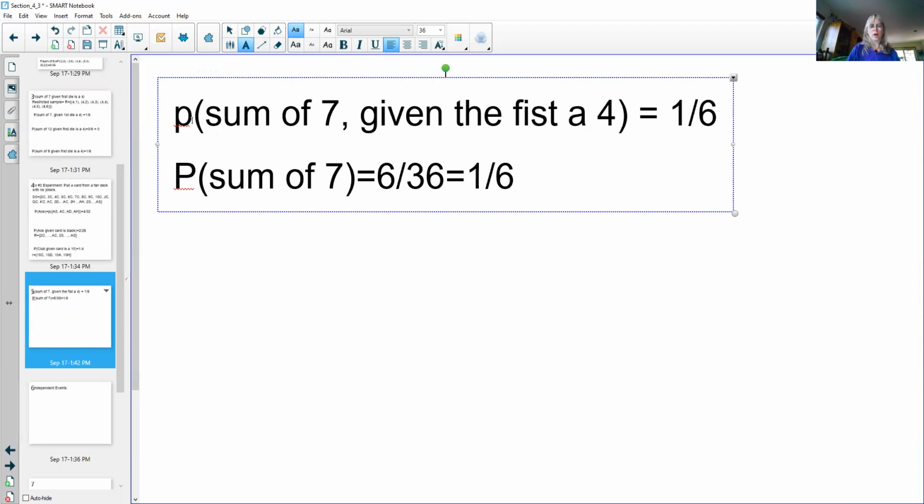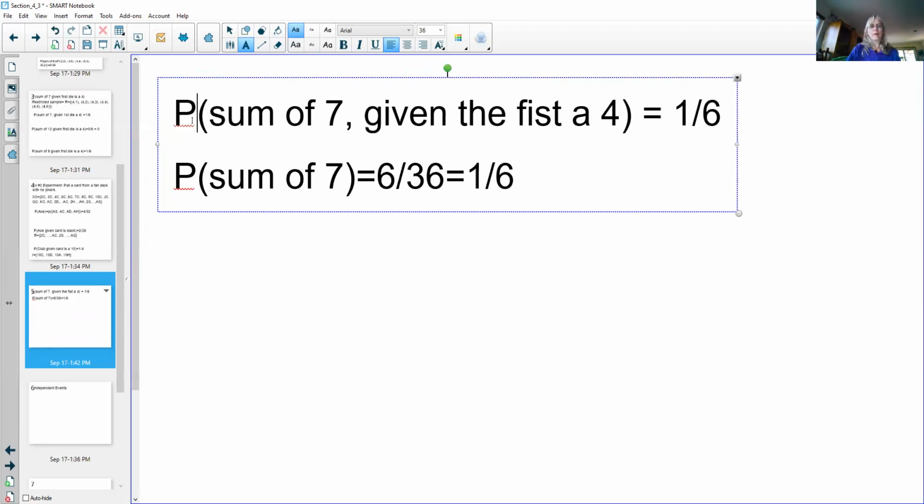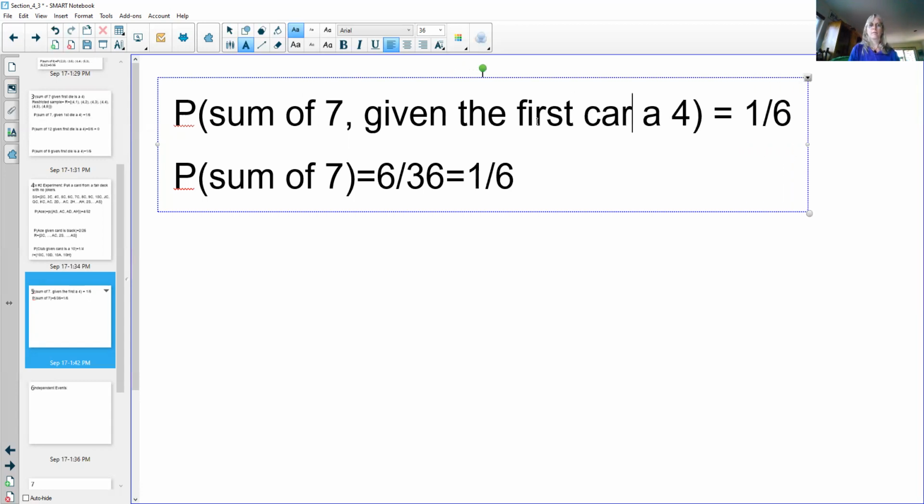So notice, knowing that the first die was a 4 didn't actually give me any information. The probabilities didn't change in any fashion because these probabilities are exactly the same. So these equal each other, and that didn't give me any information.